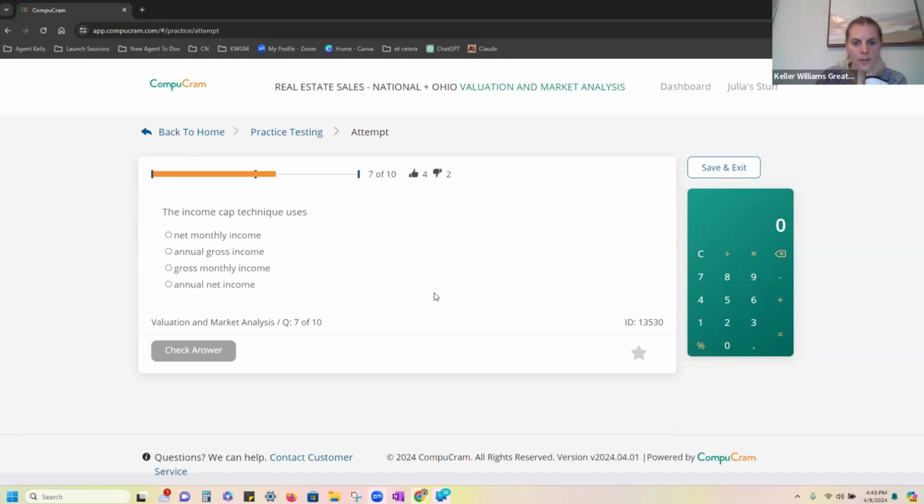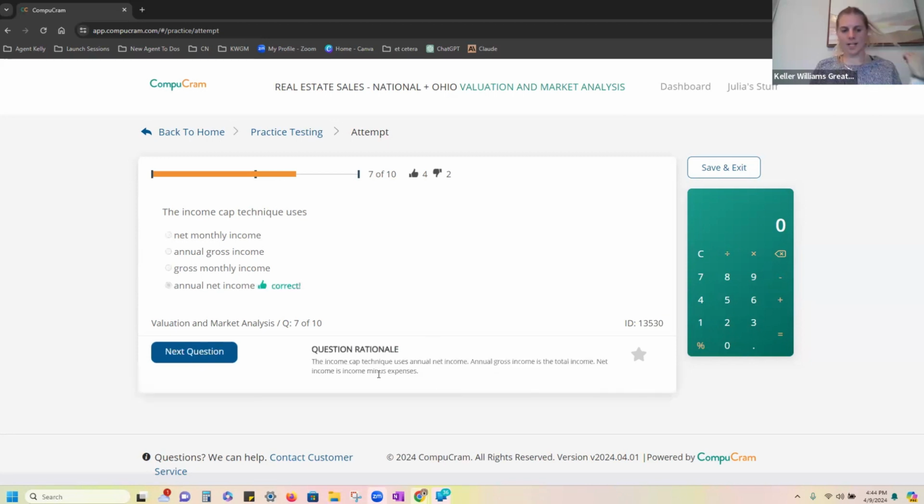Yeah, this is a hard one. All right, we say D. That is correct. Good job. So the income cap technique uses annual net income. Nice.